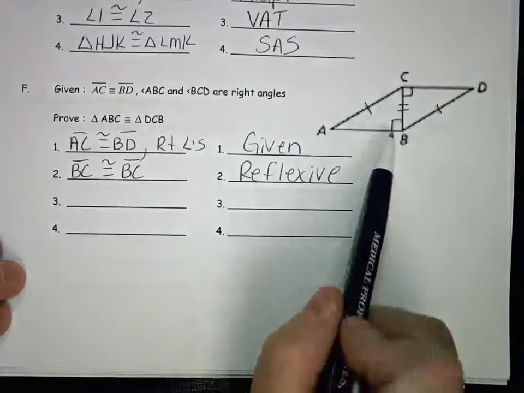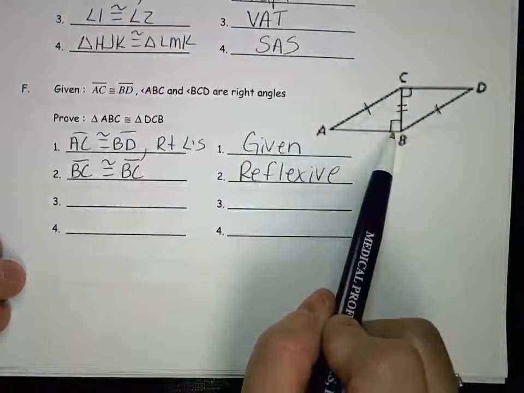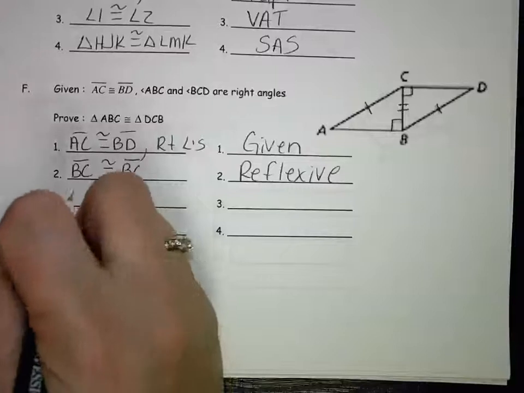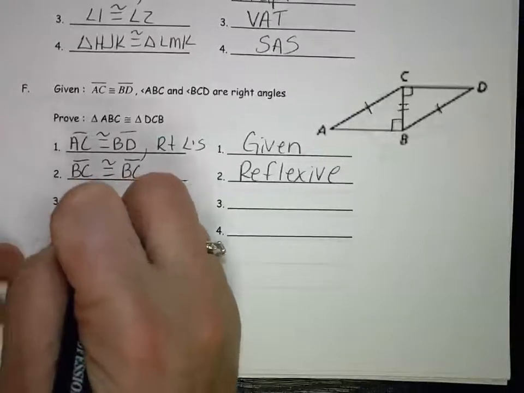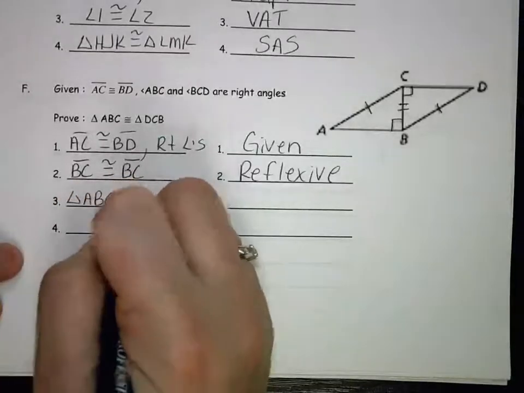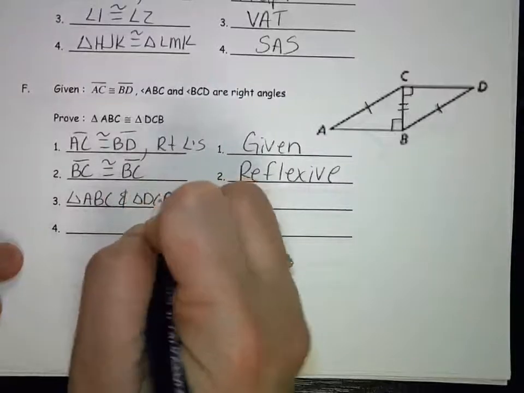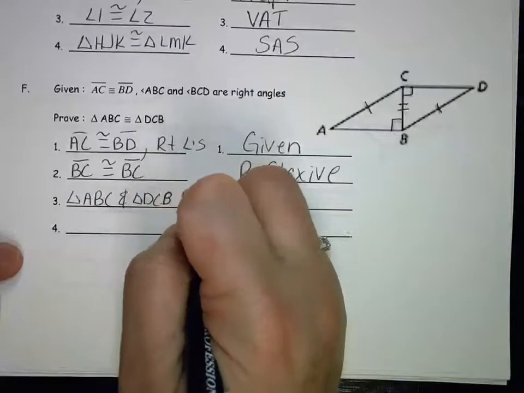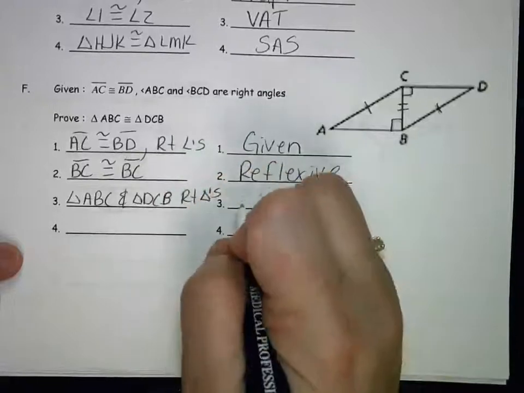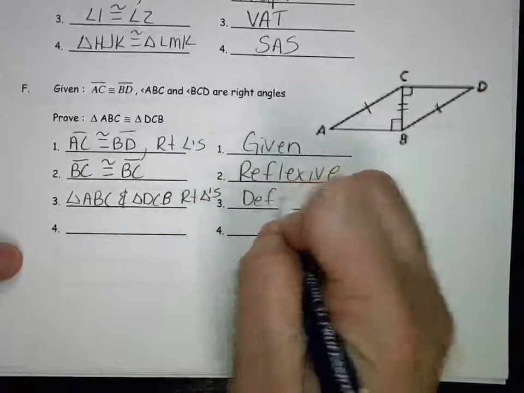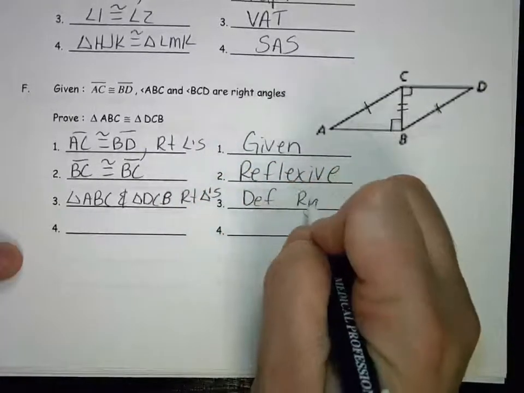Since we have a right angle here, we can say that the two triangles, triangle ABC and triangle DCB, are right triangles. That's by the definition of right triangle.